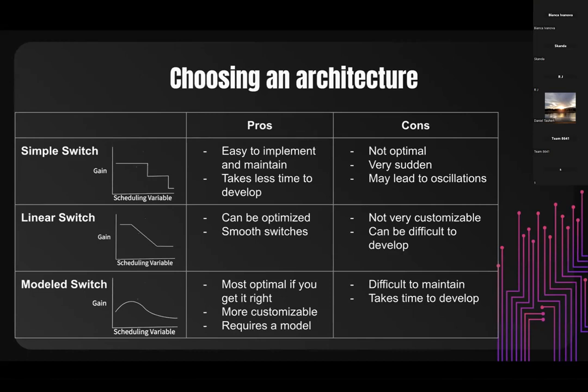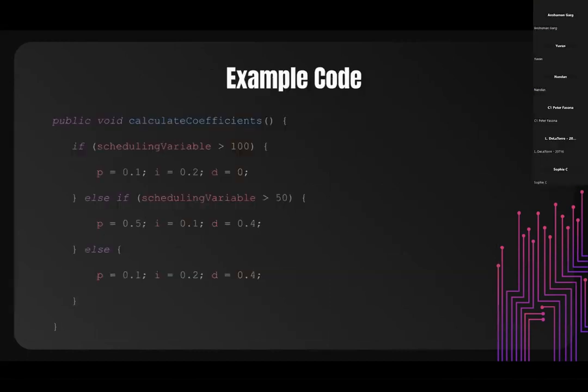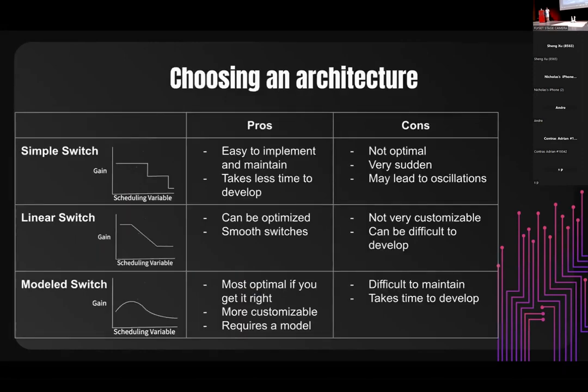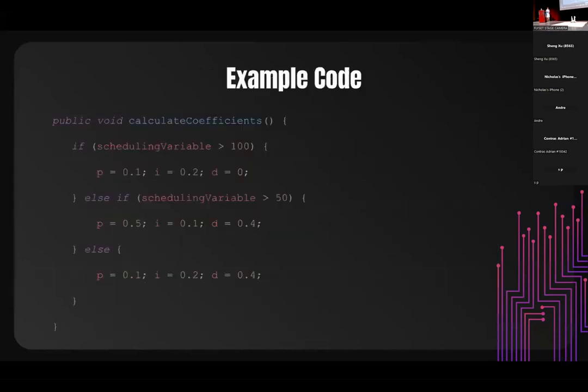Okay, so now let's do the live demo. Oh, whoops. So here's some example code that we have. As you can see, this is a simple switch that we have up here. And what this is doing is you have the scheduling variable, and the numbers 100 and 150 are our design points.